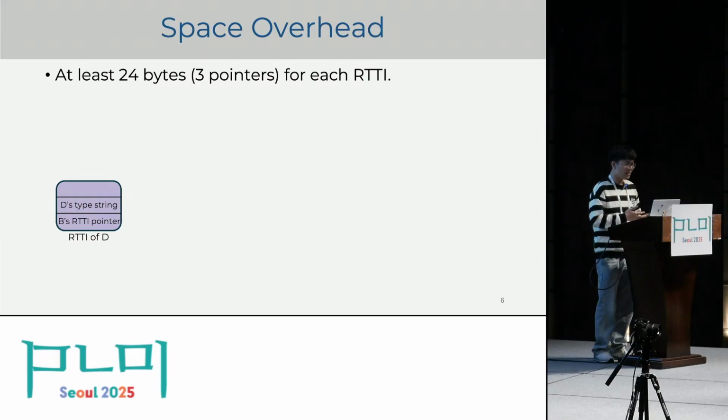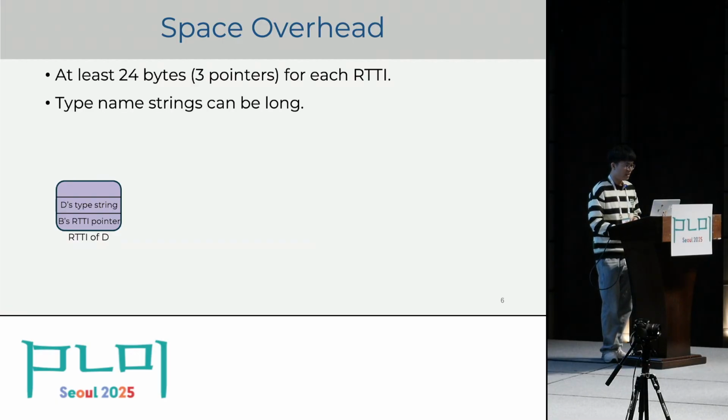But here is the downside. RTTI is kind of infamous for eating up space. For one thing, each RTTI data takes at least 24 bytes. And this is just the start. The type name string that it stores can be super long, way longer than what you would expect.